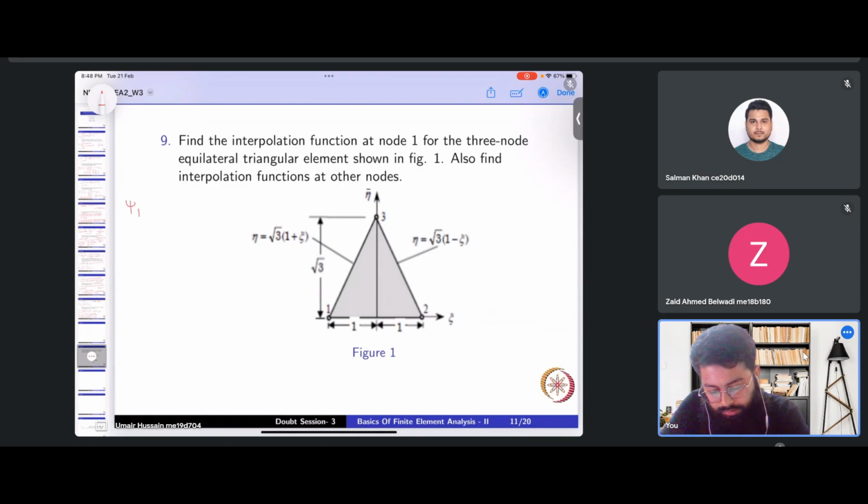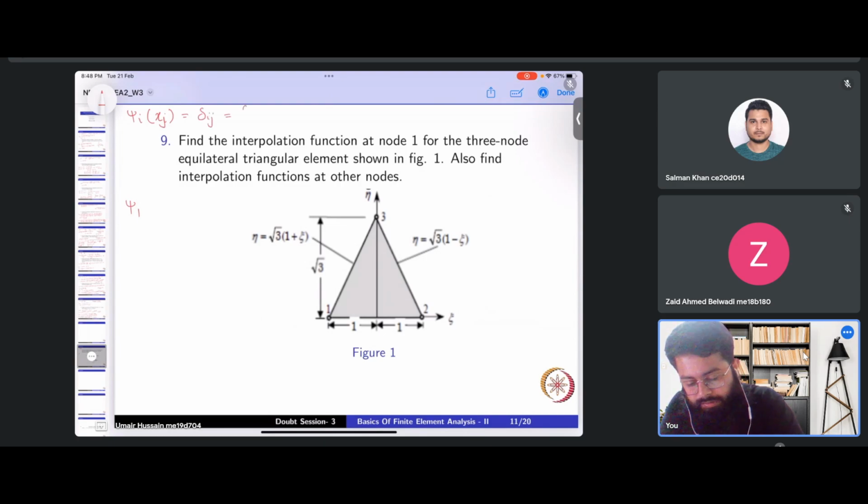So what are the properties of the interpolation function? Can someone tell me? Anyone? So one of the properties of the interpolation function, I'll write here, is psi i at x j equals delta ij, right?